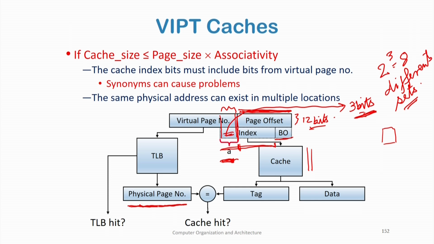However, for the same physical page number, depending on what these 3 bits are, the same physical block can go into 8 different sets in cache. And this, as we had told, is the synonym problem.